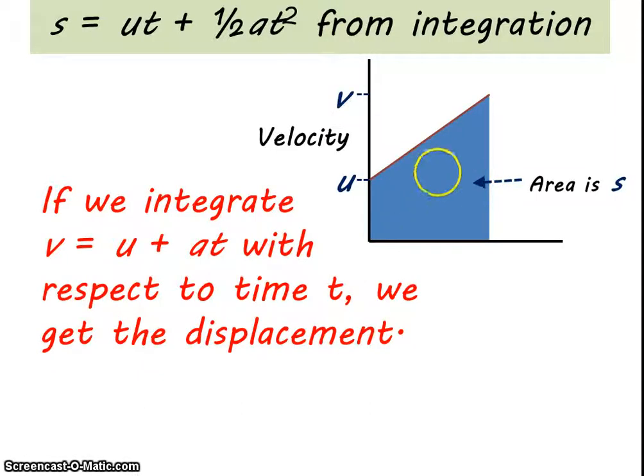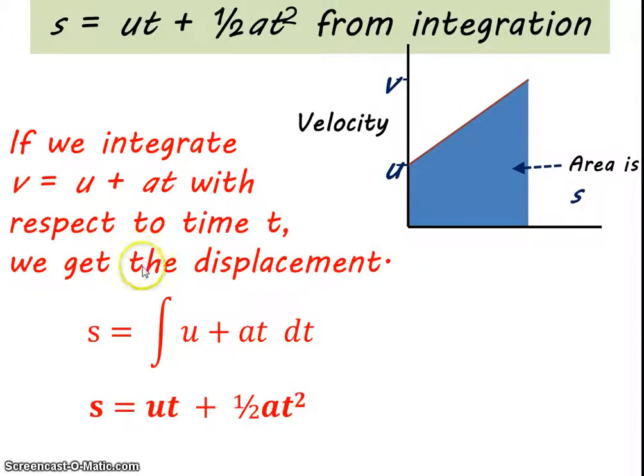So that slightly harder way that I mentioned that we can use to work out that equation is via calculus. So if we start off with v equals u plus at, that initial starting equation, and we integrate it, the integral of velocity is displacement if we integrate with respect to time.